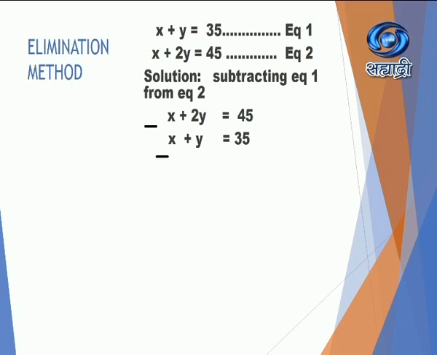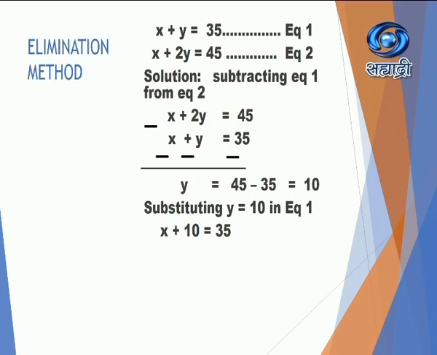So plus x will become minus, plus y becomes minus, and even 35 will get a minus sign. So the answer that you get for this is, x minus x is eliminated. 2y minus y, so only y remains. 45 minus 35 equals 10. Therefore, the value of y that we get is 10.